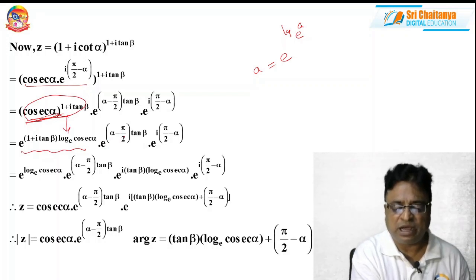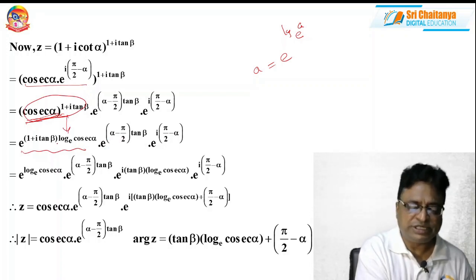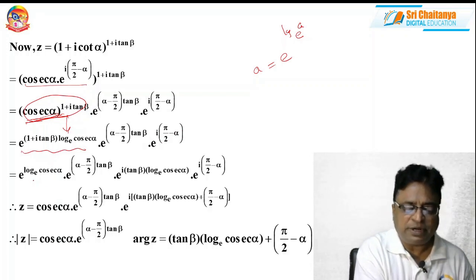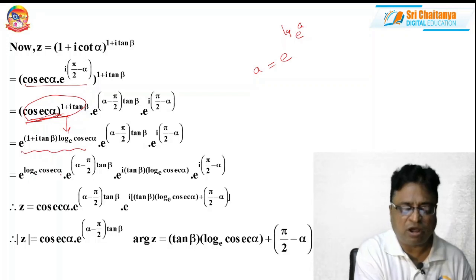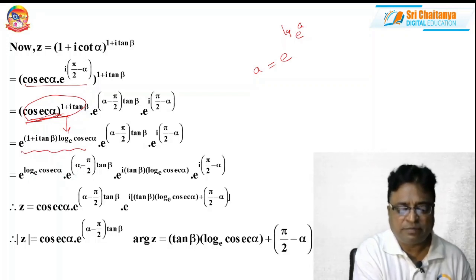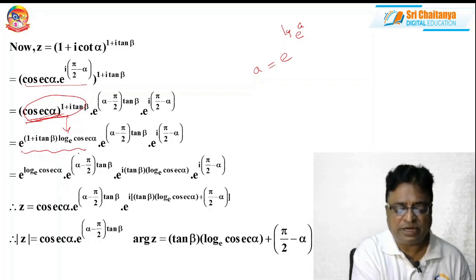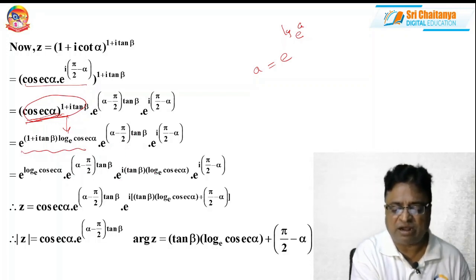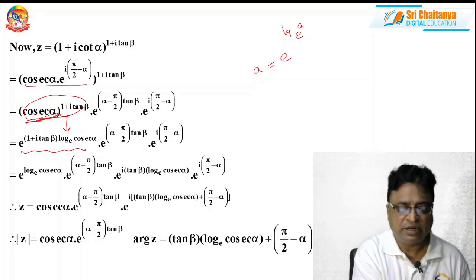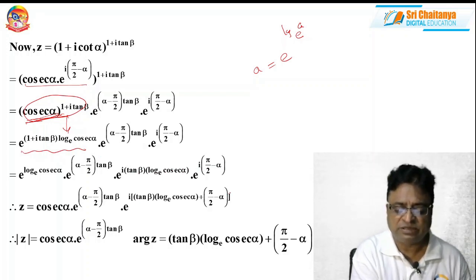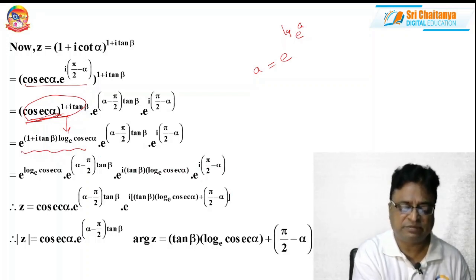e power (alpha minus pi by 2) tan beta into e power i (pi by 2 minus alpha). So this is nothing but e power log cosecant alpha into e power (alpha minus pi by 2) tan beta into e power, where I have taken the i part separately and added the terms of the i terms separately.